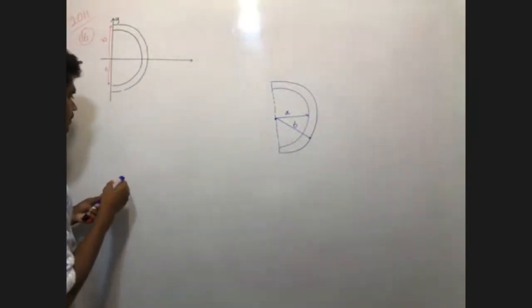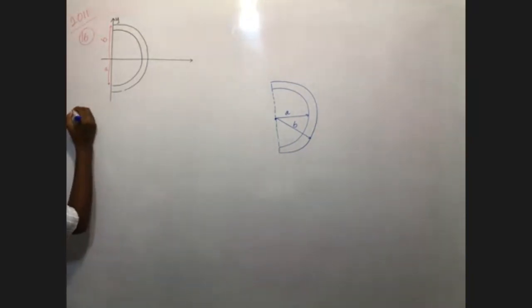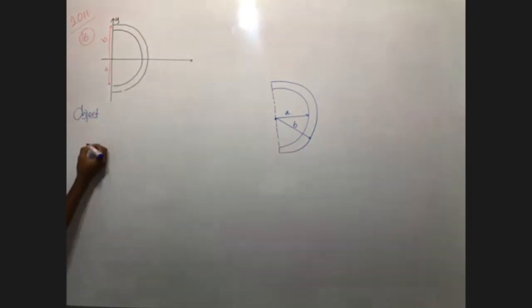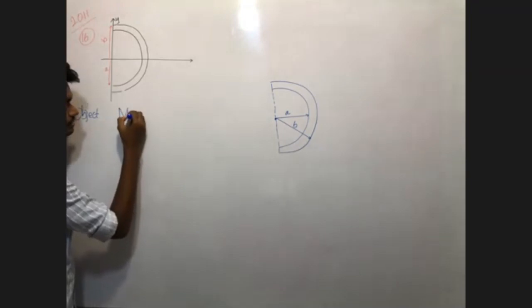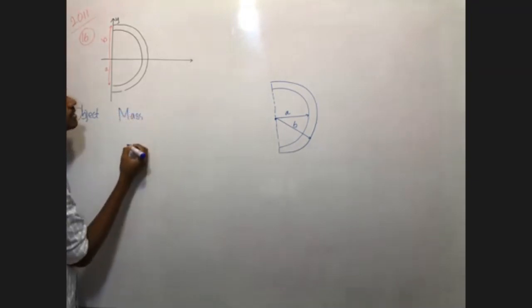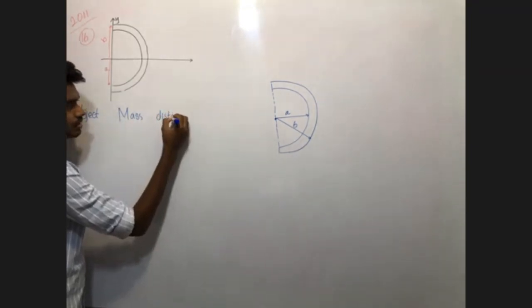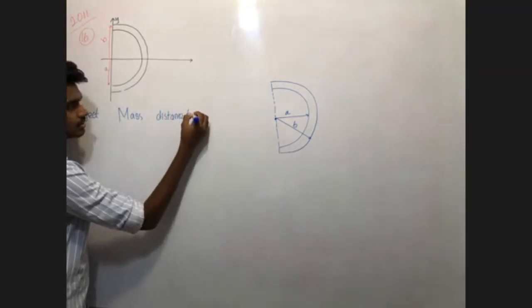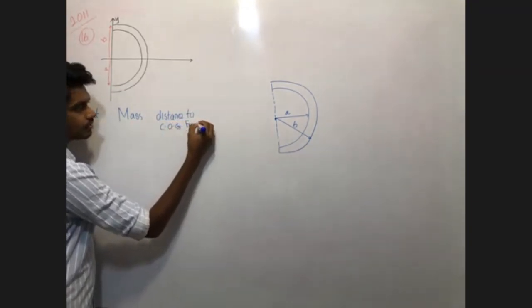So let's go for the table. Object, mass, and then distance to center of gravity from origin.